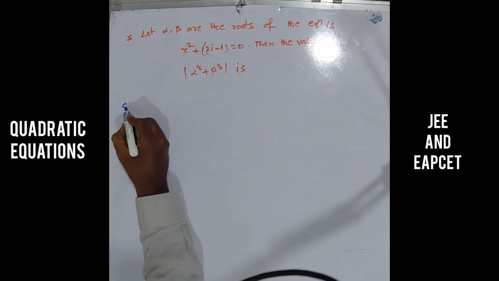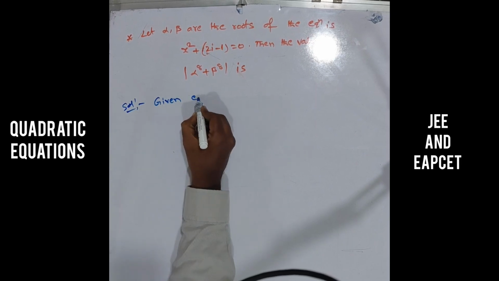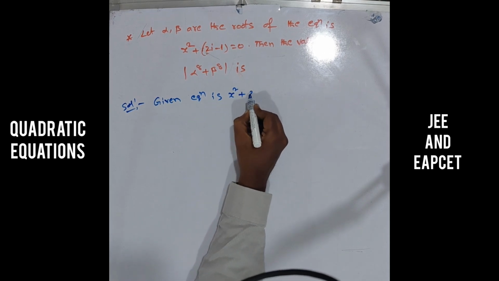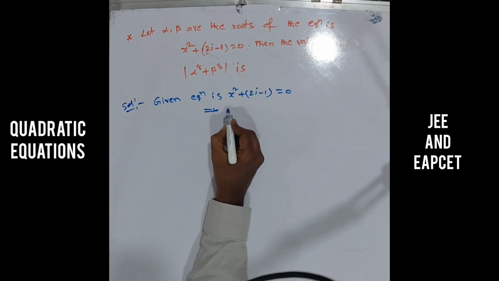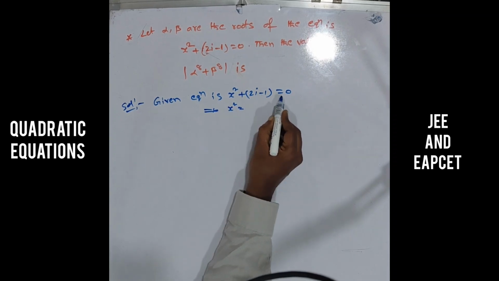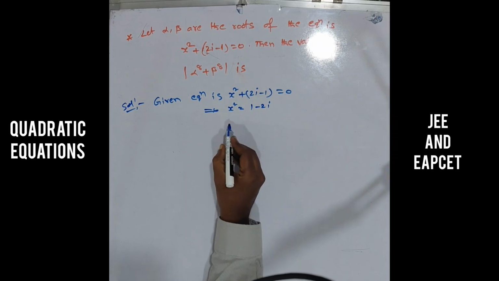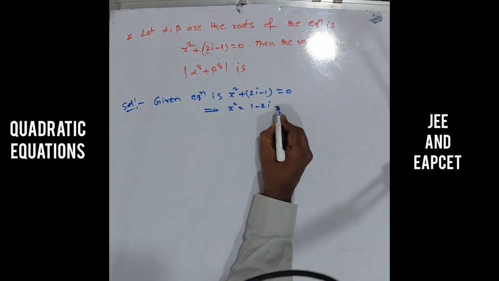Okay, now solution. Given equation is x square plus 2x minus 1 is equal to 0. This can be written as x square is equal to minus 1 taking this side plus 1, plus 2x is minus 2x. Okay, this is a quadratic equation. Alpha is a root of this equation. This is number 1.